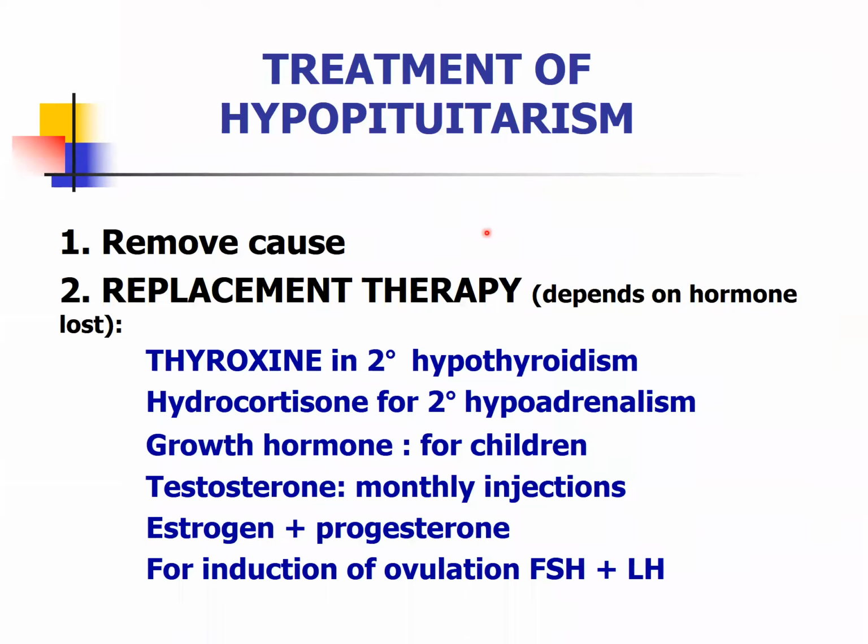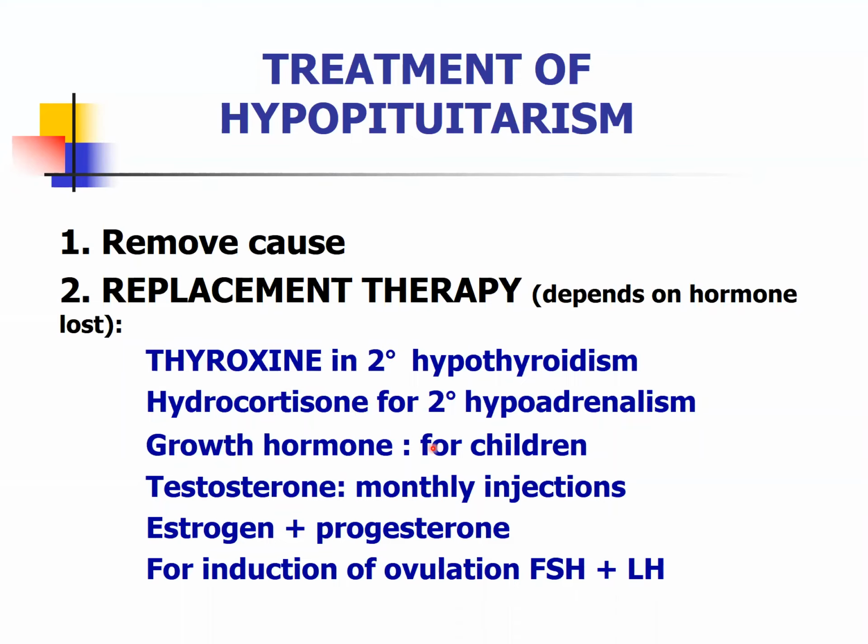Now, how can we treat hypopituitarism? Usually, you have to remove the cause, and after that you have to apply the replacement therapy depending on the hormone loss. If we have a problem with the TSH secretion, you should apply thyroxine, or if you lost adrenal gland function by decreased ACTH release, cortisol should be administered.